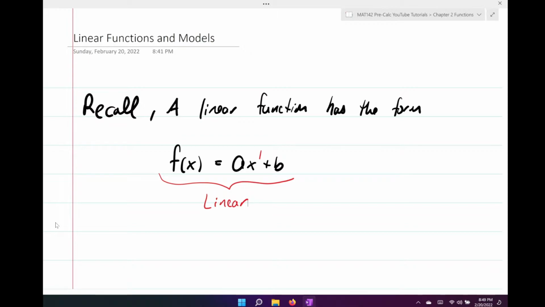Now, another very interesting feature about a linear function is the fact that the slope is always constant.